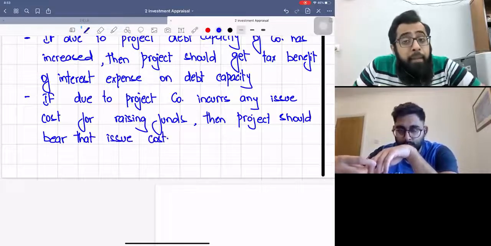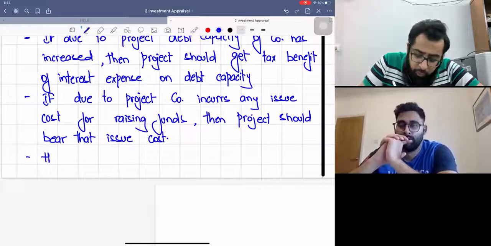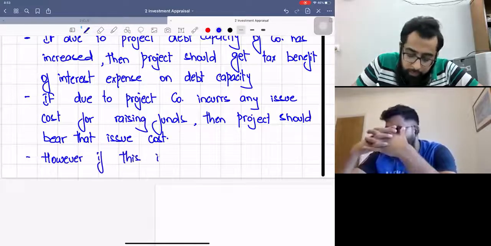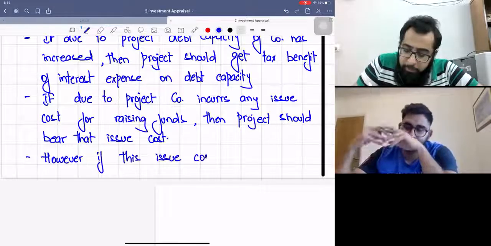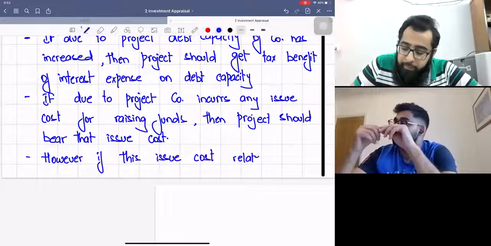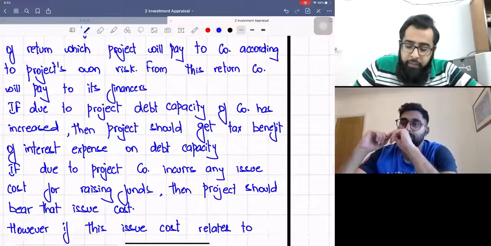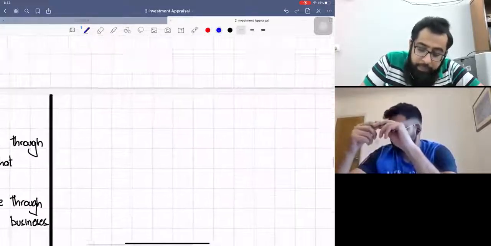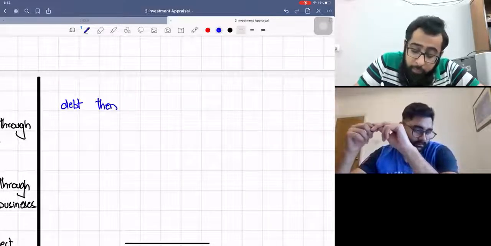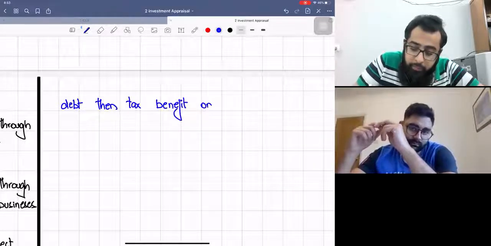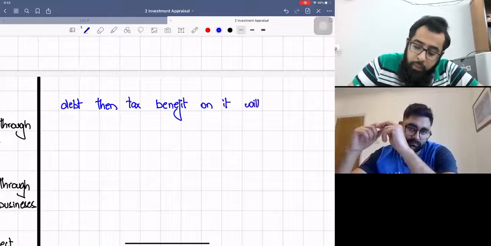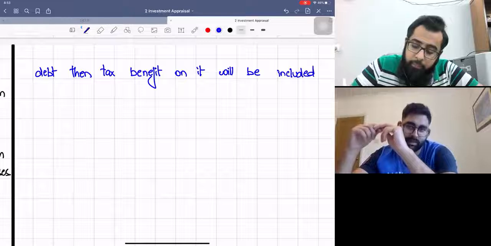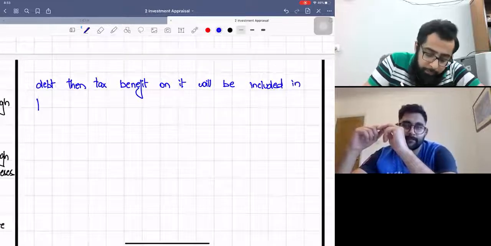However, if this issue cost relates to debt, then the tax benefit on it will be included in the project. Okay? Yeah. In the project.